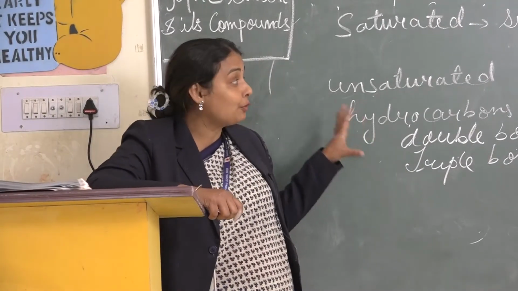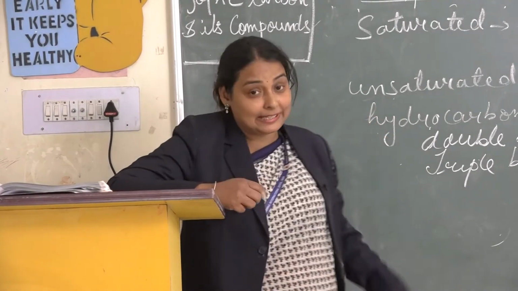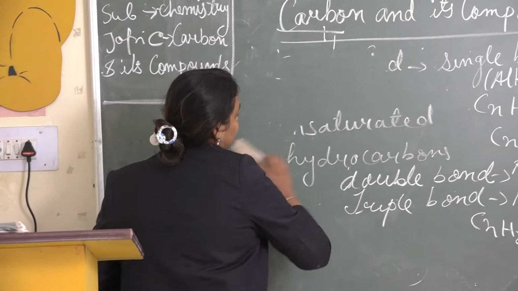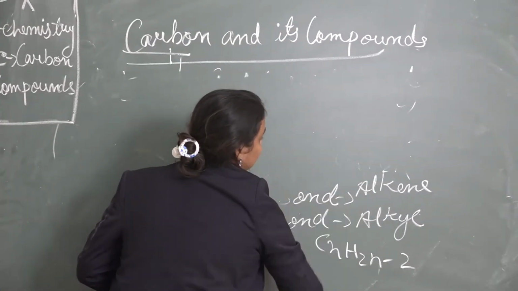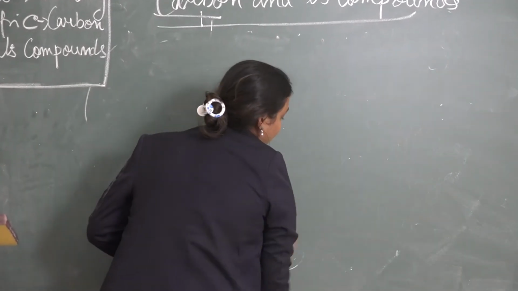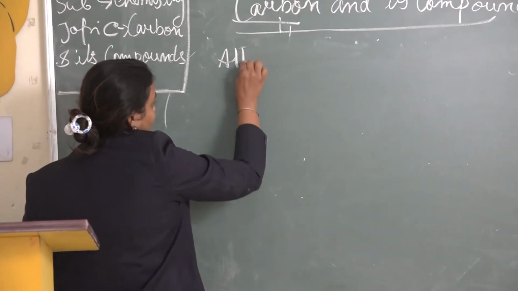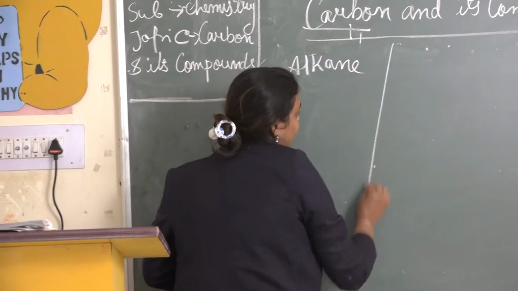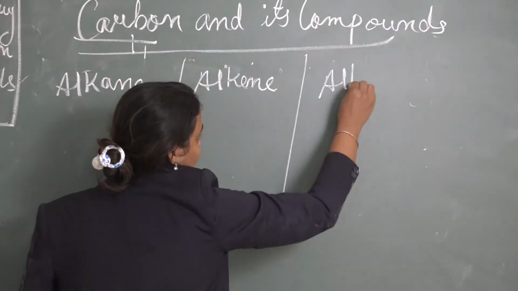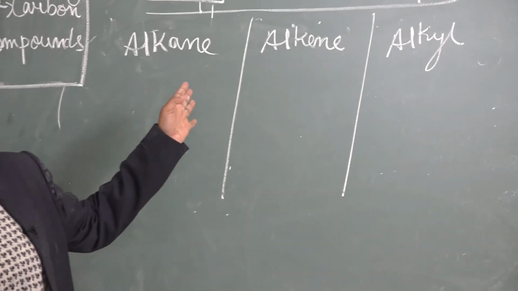So now we are going to learn about the series of these, how we arrange alkane, alkene and then alkyne. Now students, what is the general formula of alkane?